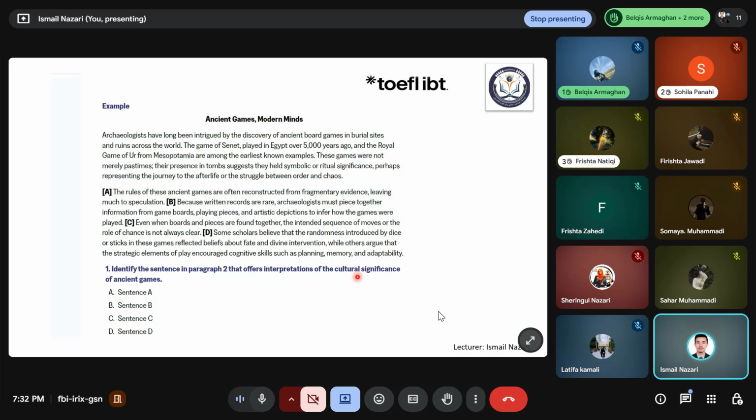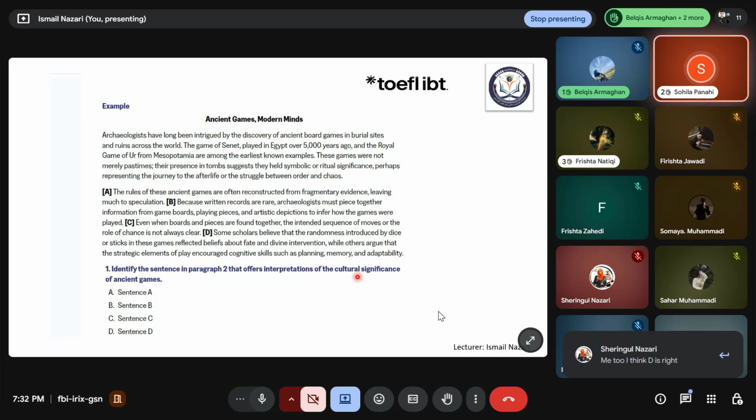Okay, Miss Suhailo. From my point of view, I believe D is the correct one, because there is written interpretation. It means illustration, and B is talking about reason.